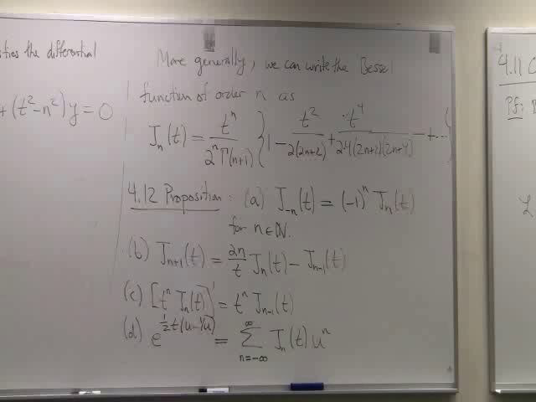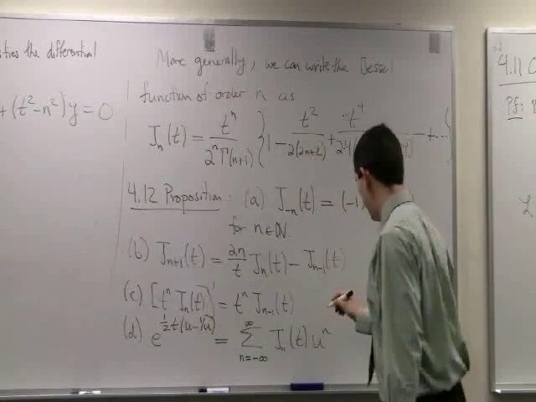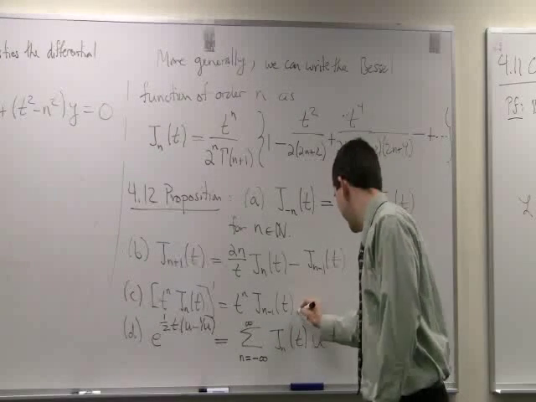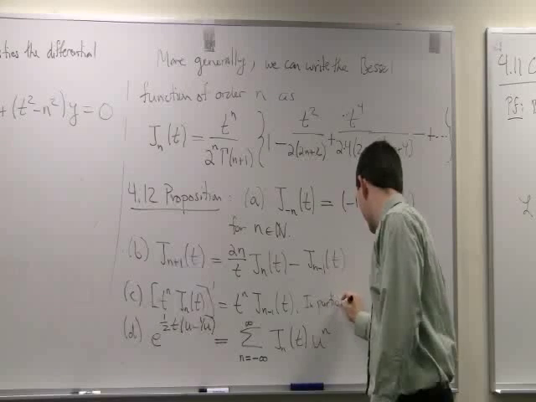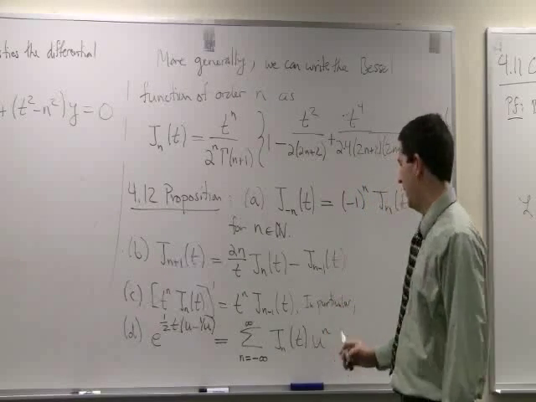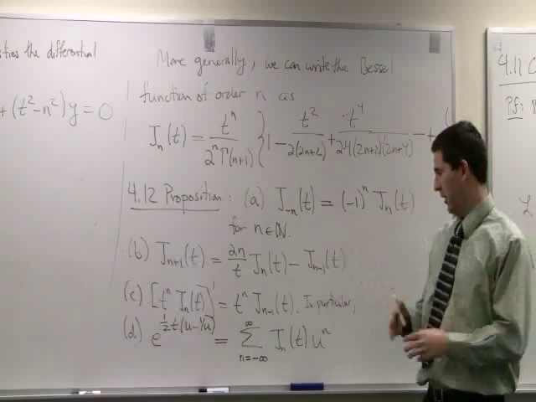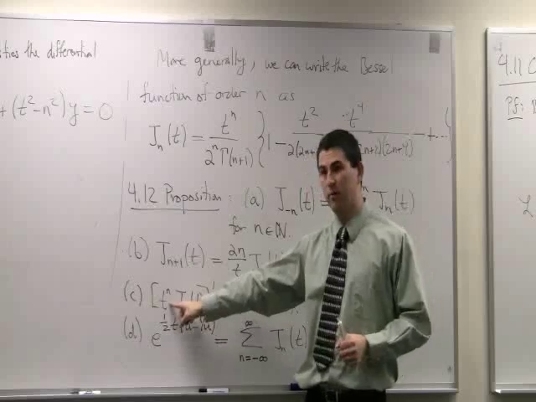Oh yeah, let me add in something. In part C, let me add in a little bit. This formula is working for all n. I just want to write down the particular case when n equals 0, because when n equals 0, this t to the n goes away.